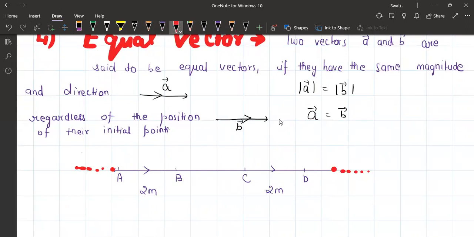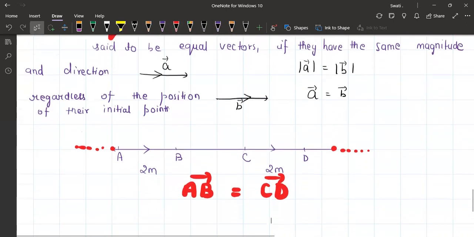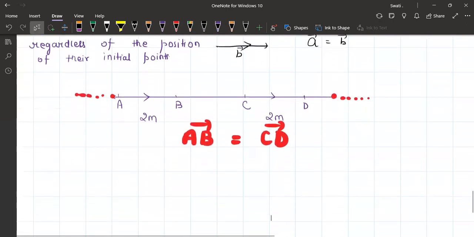The initial points of AB and CD are not the same, but their directions and magnitudes are the same. So vector AB is equal to vector CD, and these are equal vectors. Remember that the initial position does not matter here.